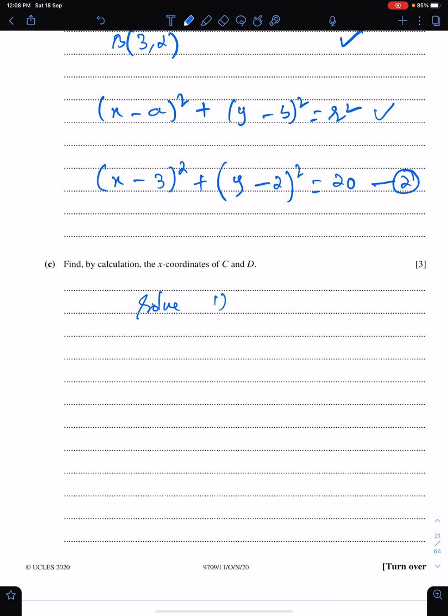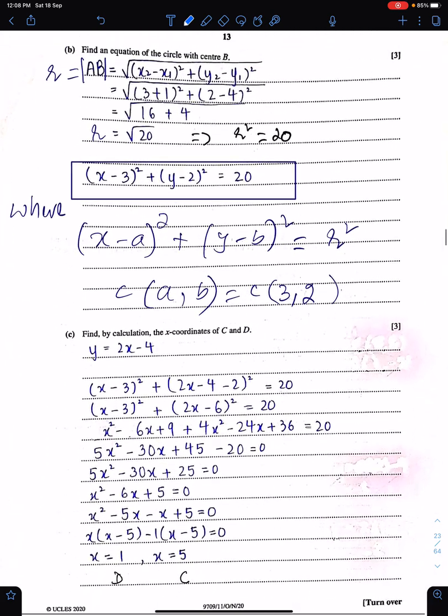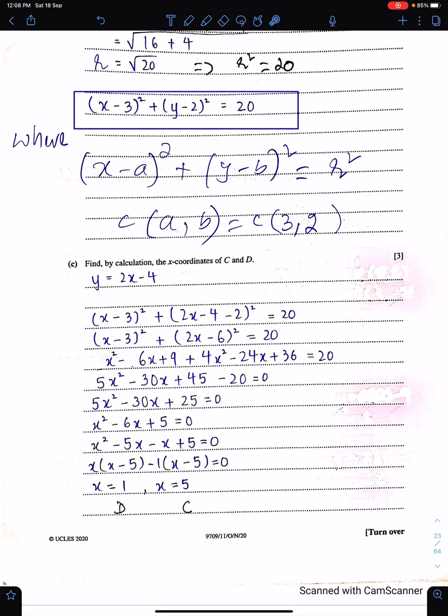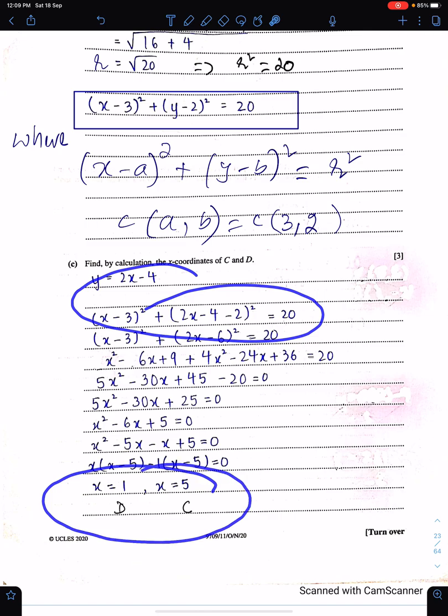Solve equation 1 and 2 simultaneously. Here is the solution. Equation 1, equation 2. So by solving these two equations, we have the x coordinates of C and D as 1 and 5.